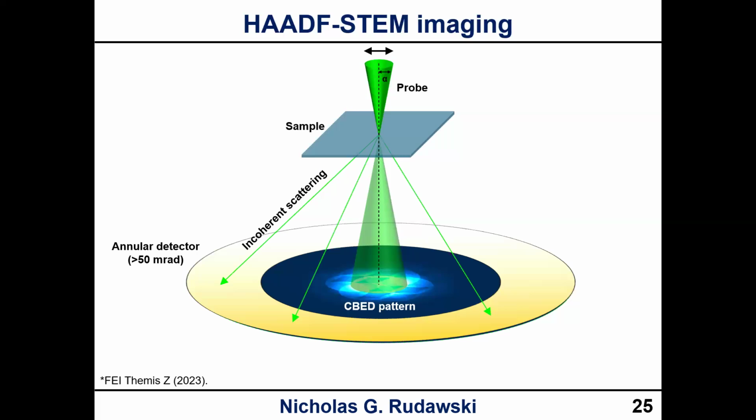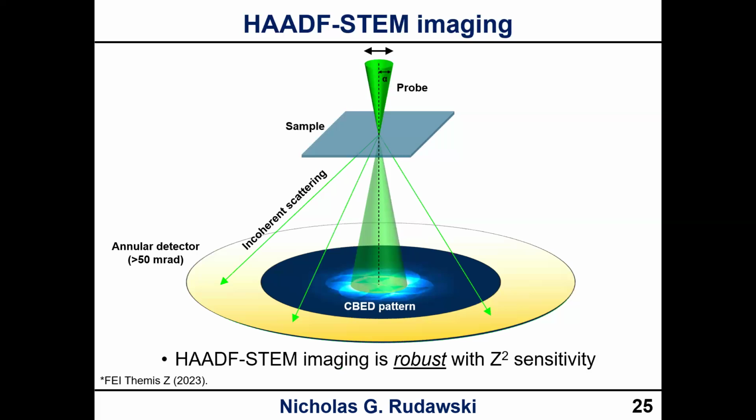So the only scattering I'm collecting is what's called incoherent scattering. And that has a benefit, because it gives us a type of imaging that is, first of all, robust, meaning it is easily and intuitively interpretable. And it also has the benefit of Z-squared sensitivity with the imaging.